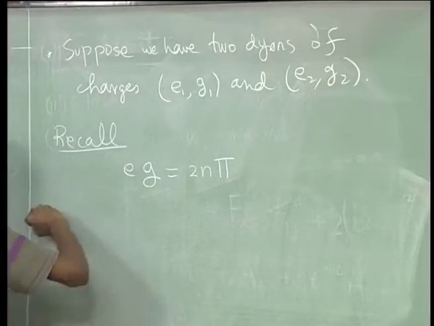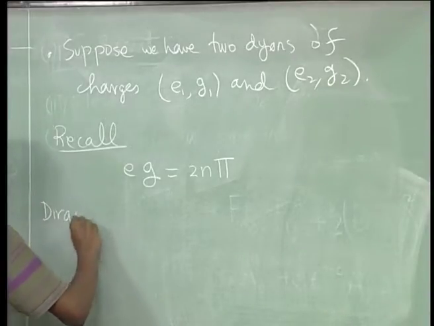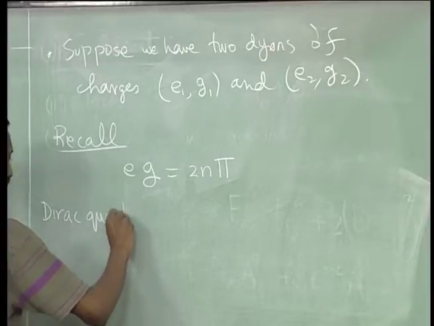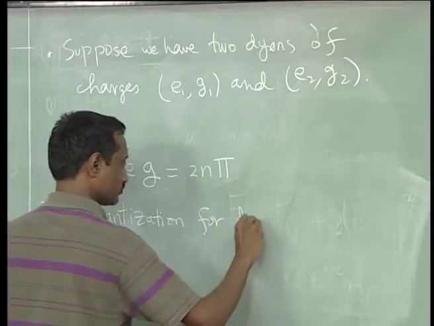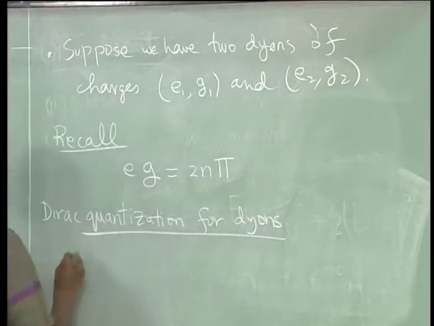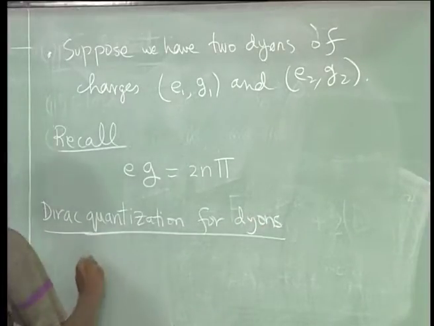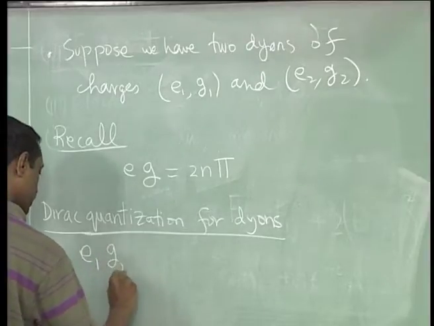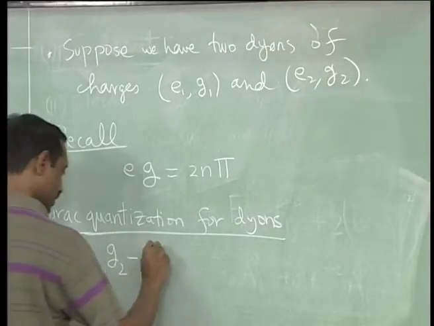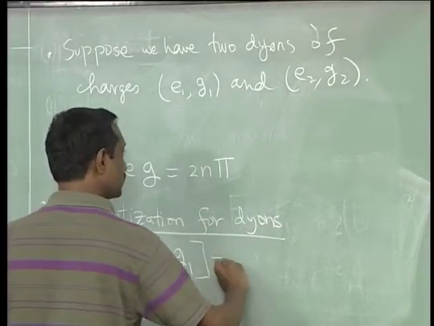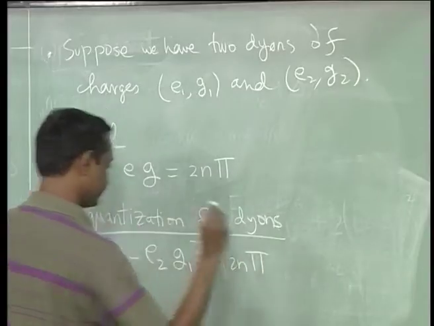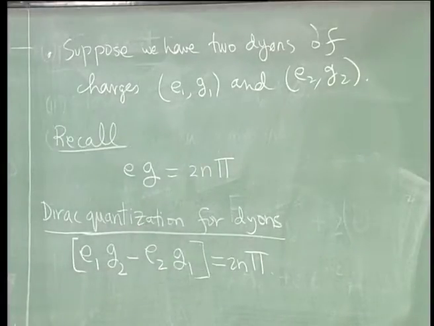So the Dirac quantization for dyons takes something like E1 G2 minus E2 G1 equal to 2n pi. Okay. So now you can see what happens.